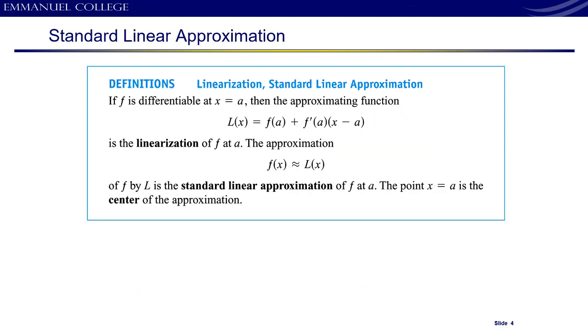So our standard linear approximation is, if f is differentiable at a point a, which means f is continuous at that point, then the approximating function L of x equals f of a plus f prime of a times x minus a, which is just our tangent line, which was y equals f prime of x naught times x minus x naught plus y naught, or some people wrote f of x naught, whichever, is the linearization of f at a.